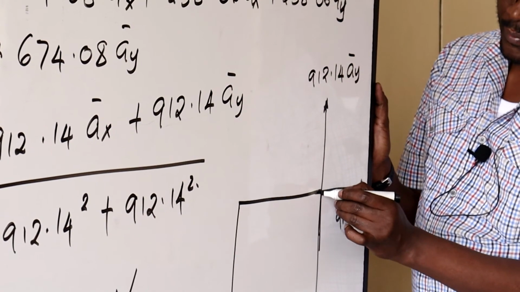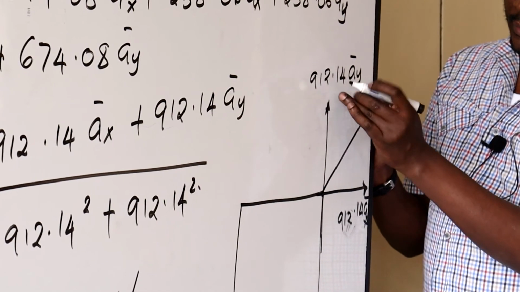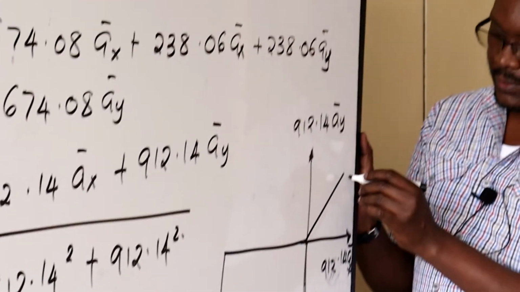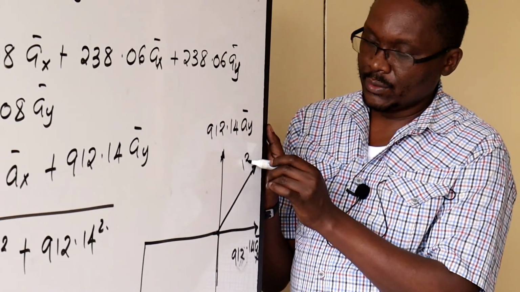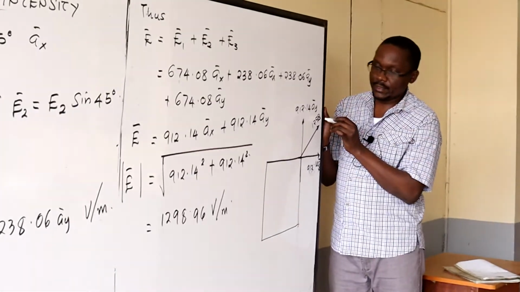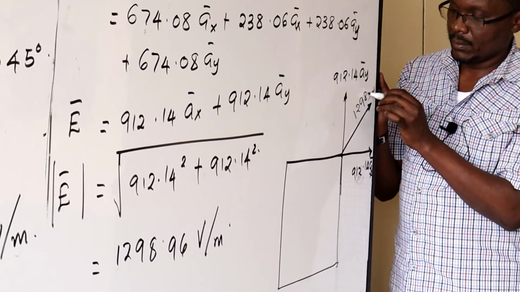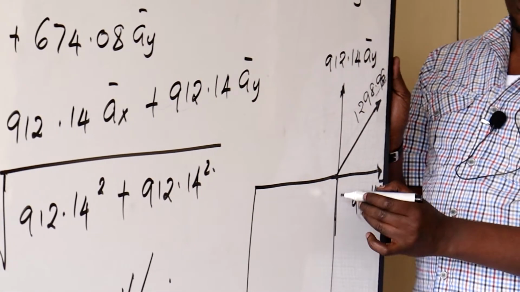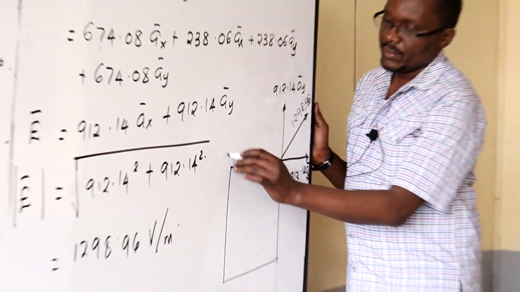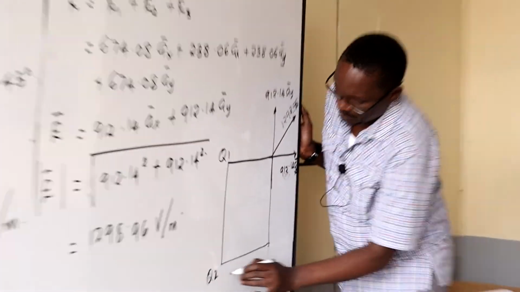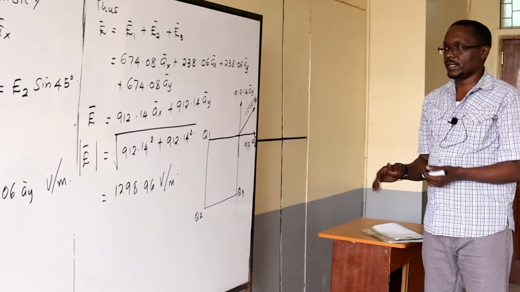Because they have the same magnitude, the resultant must be at the center, which gives you 1289.96. That is the direction. So it's in between the two electric field strengths. This was my Q1, that was Q2, that is my Q3. And so that is our question, and now we can answer that.